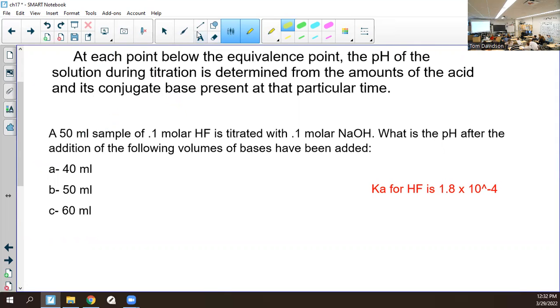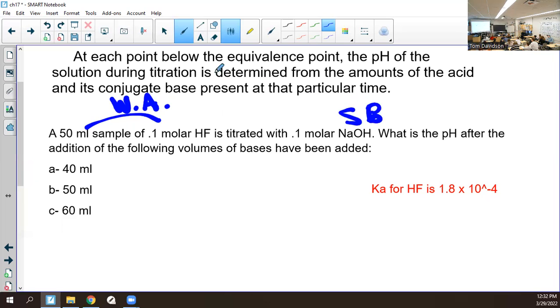So I have a weak acid right here, and then I'm adding a strong base. Let's look at what I have here. I have 0.05 liters times 0.1 molar HF.